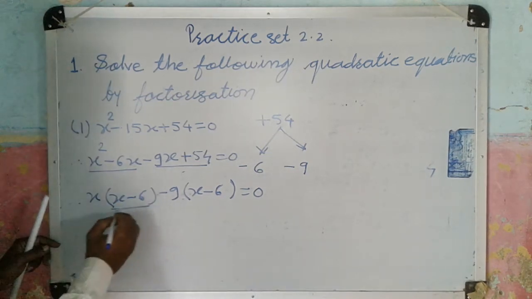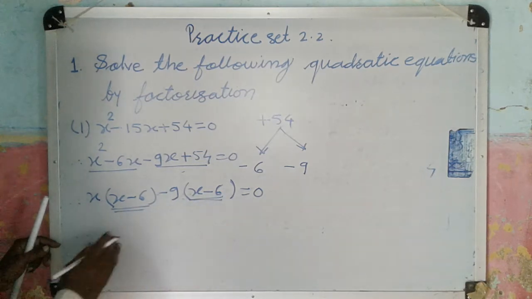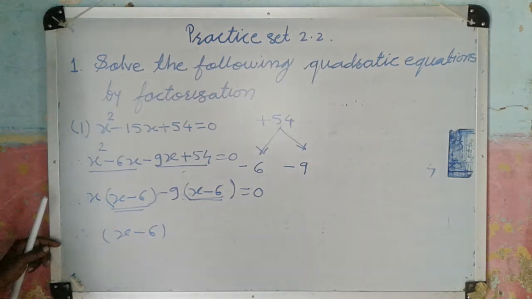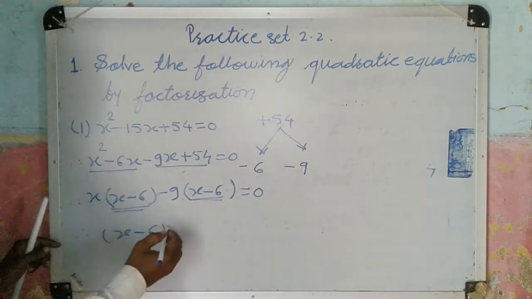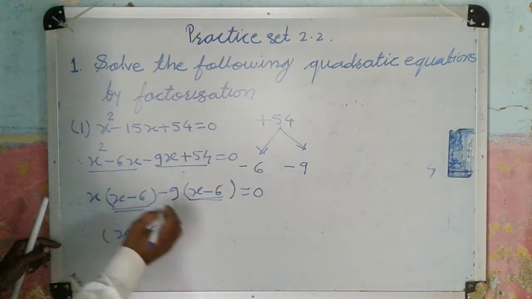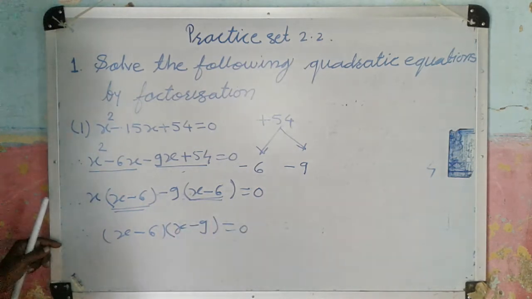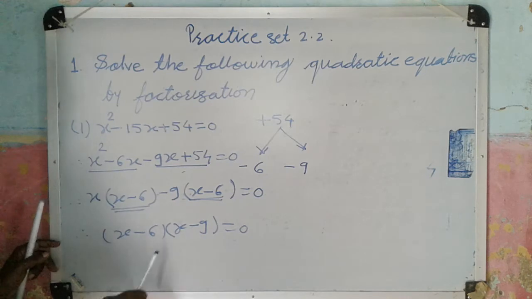Therefore, x minus 6 is the common bracket, and in another bracket x minus 9. Now the product of these two brackets is 0.